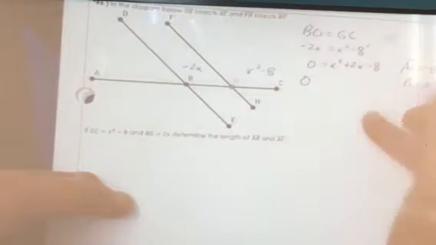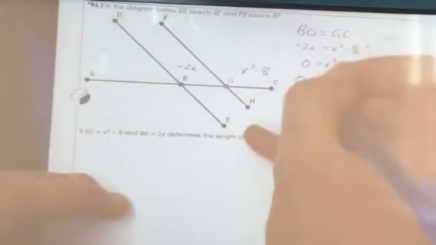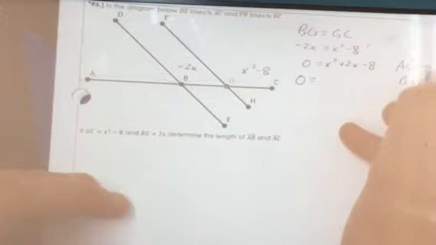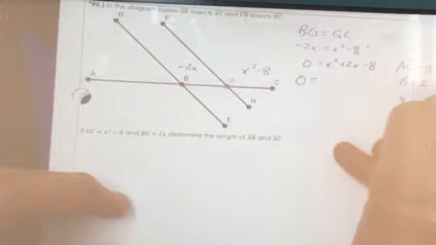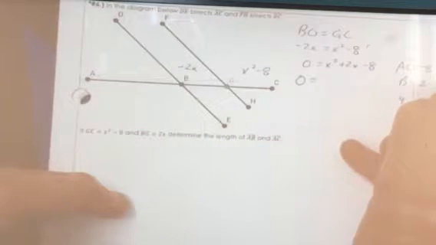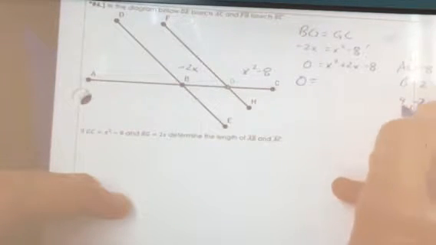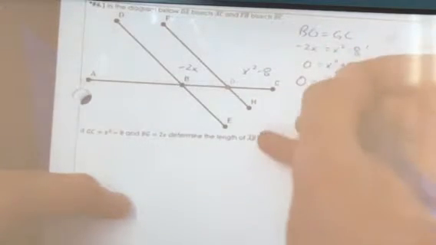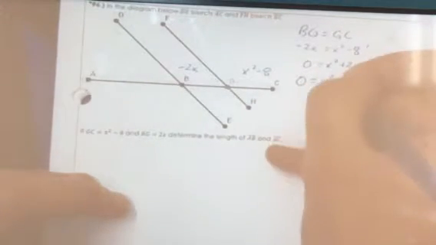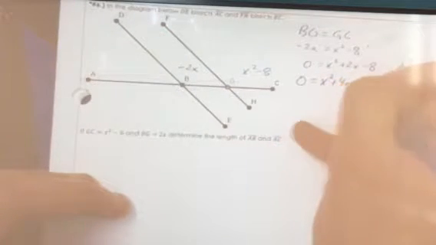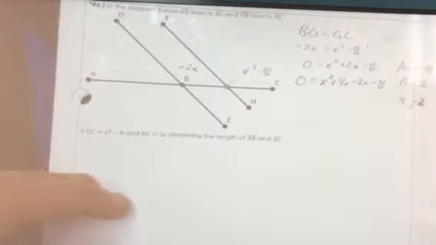So we have numbers that add to equal 2 and multiply to negative 8. So we're talking about 4 and 2, and which one is negative? The 2 must be negative so that when we add them, we get a positive number because 4 is bigger. So we have x squared plus 4x minus 2x minus 8.